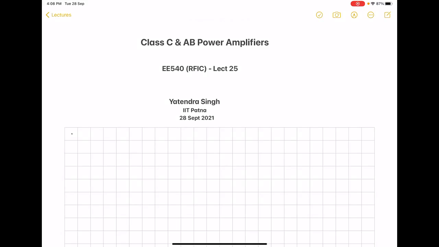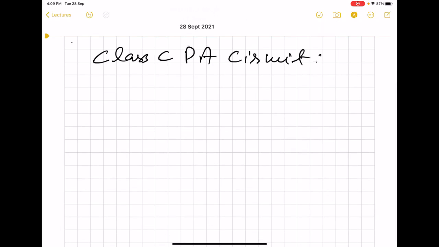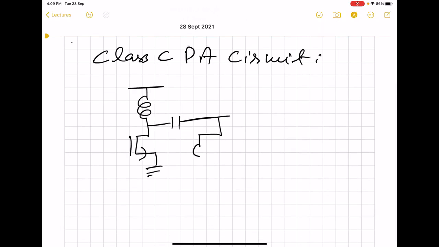So as was pointed out, the circuit for class C also is similar to that of the class B. So the only difference between this circuit and class B or A is in terms of the DC voltage at the gate.